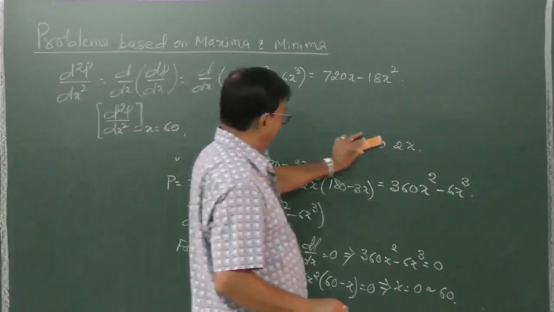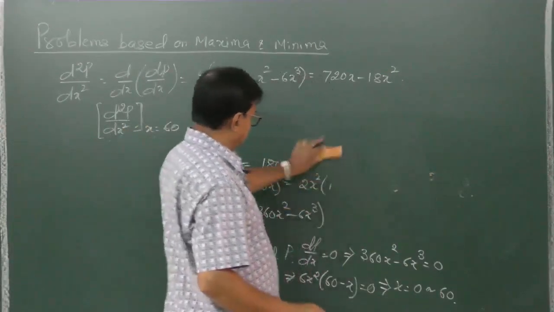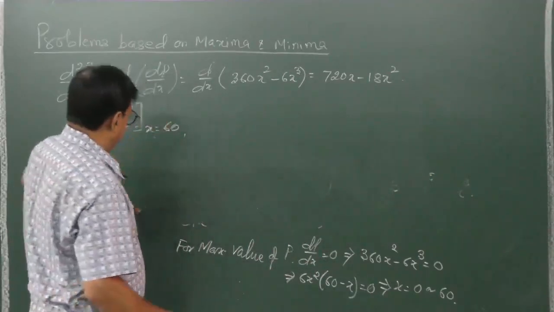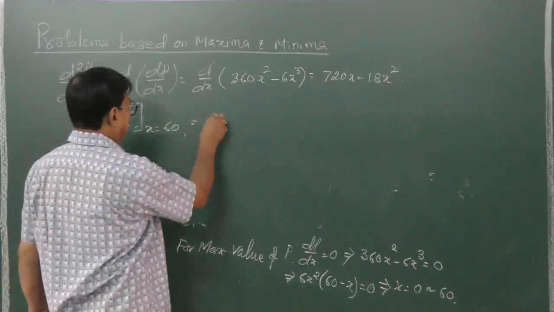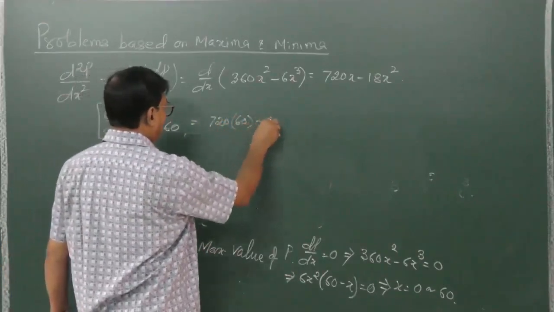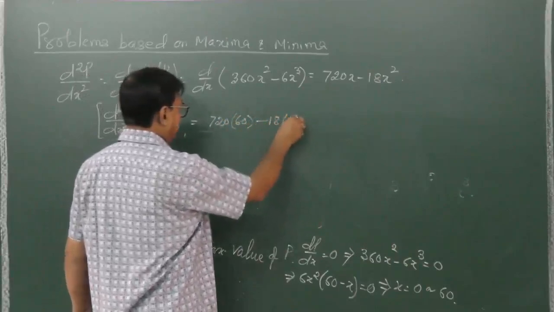Now we get the value of d2p by dx2 at x equal to 60. So this is 720 into 60 minus 18 into 60 square.